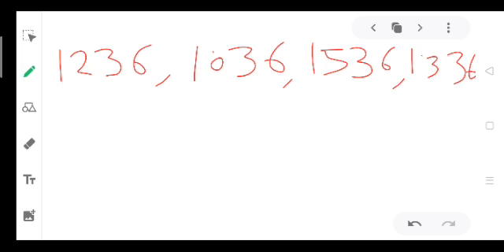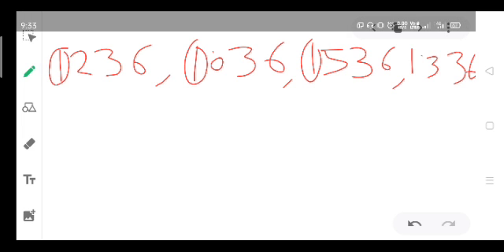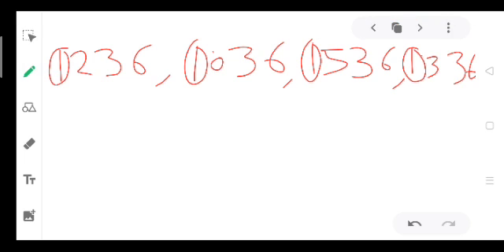Again we have to write in ascending order, smaller to bigger number. So we will check only their thousand places first. 1000, 1000, 1000, 1000. Oh, all the thousands are the same. We can't compare. They all are the same. We can't say which one is smallest.